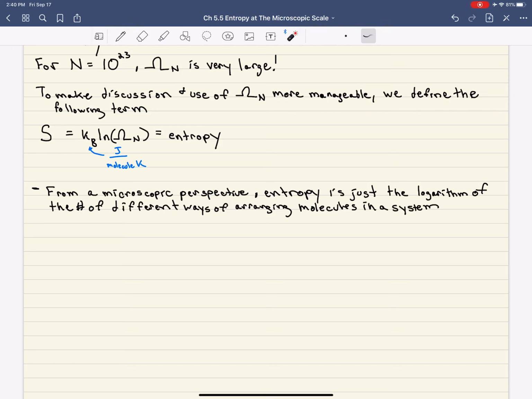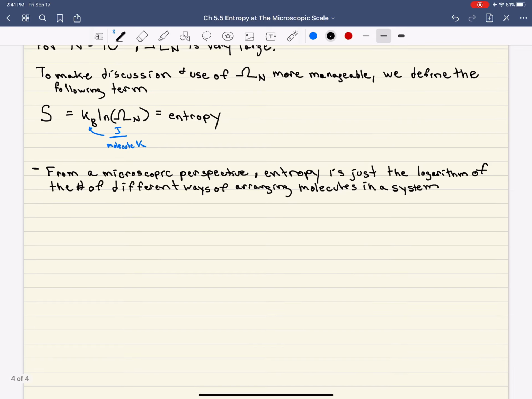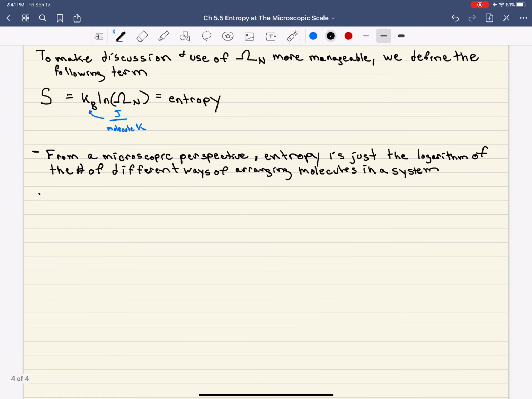And so the only reason entropy exists is because we don't really want to work with large numbers, and so all we're doing is taking the natural log of it to make it a smaller, more manageable number, but it still contains the same amount of information. Okay? Now, this Boltzmann's constant here, you may have seen it before, but why is it here? It's there for the same reason that we saw Planck's constant before.